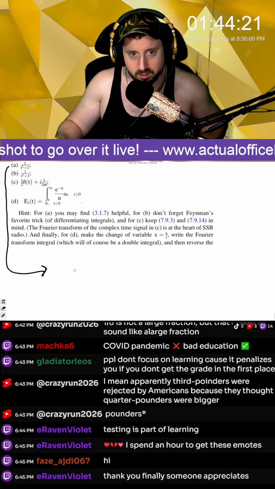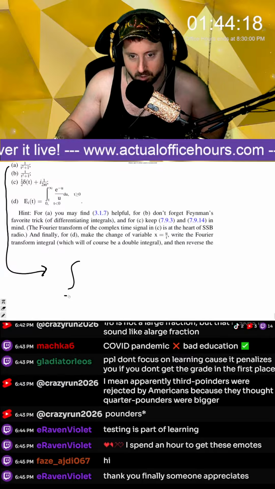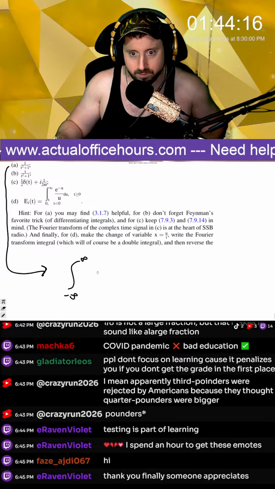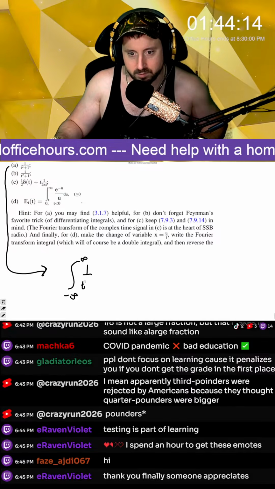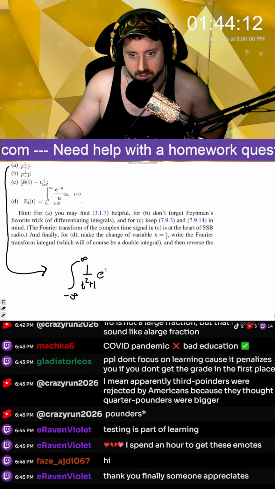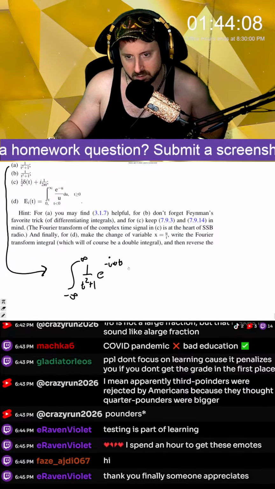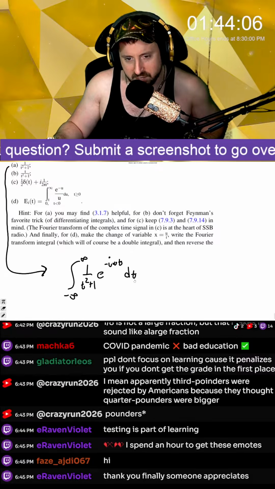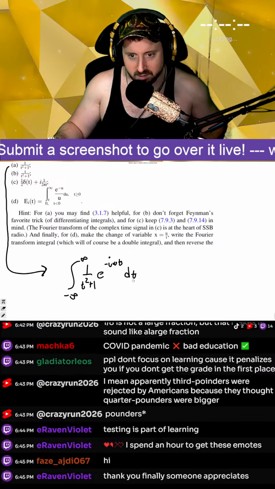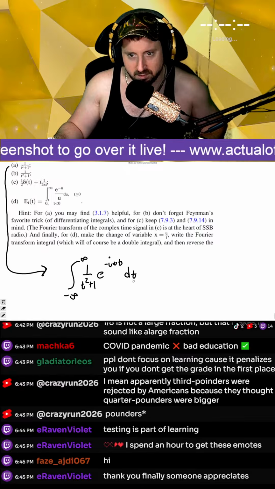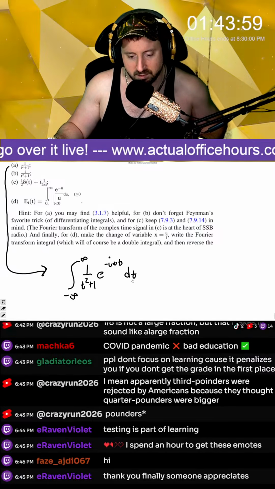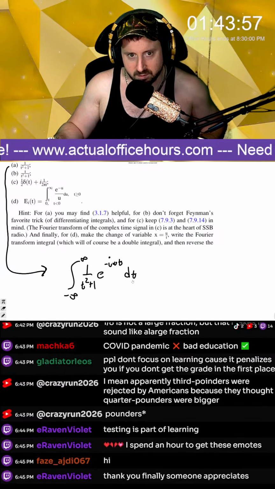So this one would be, what is it? Integral from negative infinity to infinity of 1 over t squared plus 1, e to the negative i omega t, dt. Or is it d? Yeah, it's dt, right? I think you would use omega or different variables since we're talking about frequency.